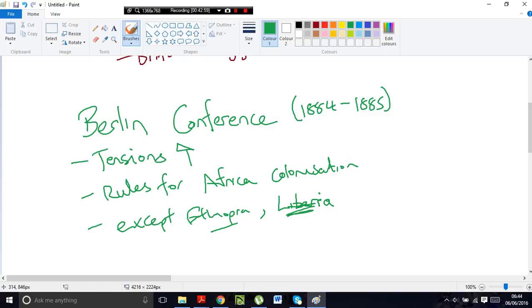Under direct rule, colonies were headed by European personnel. And in indirect rule, control was exercised over subject populations through indigenous institutions, such as tribal authorities and customary laws.